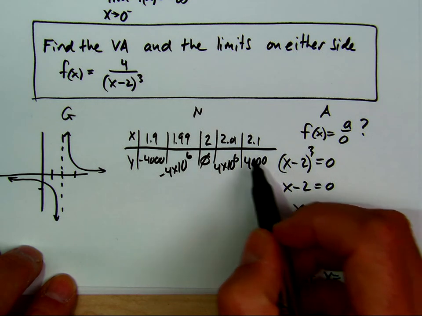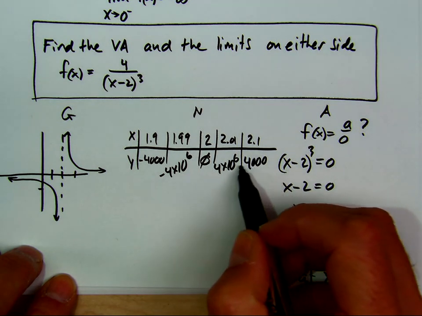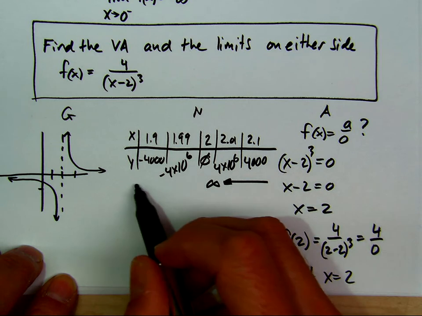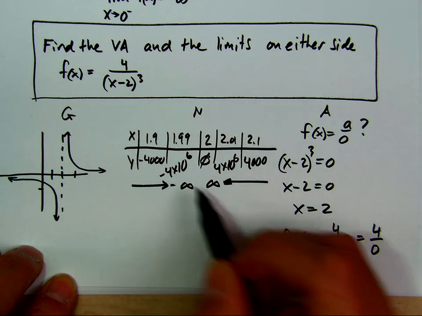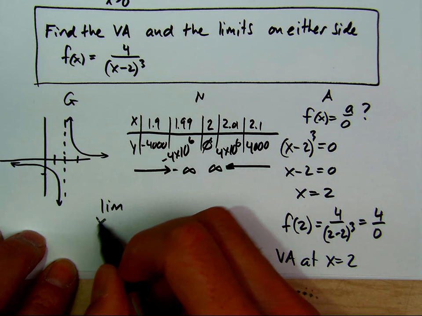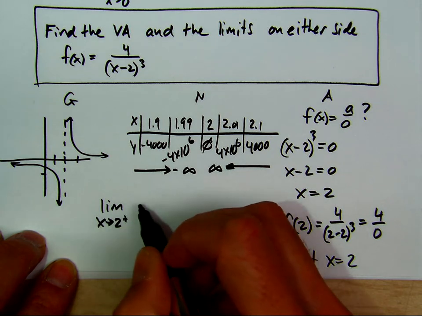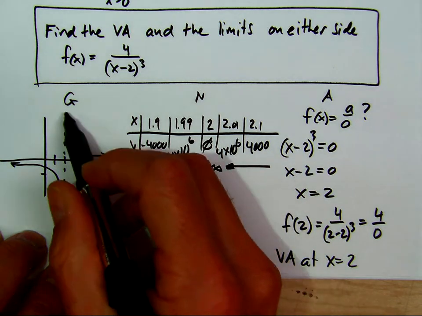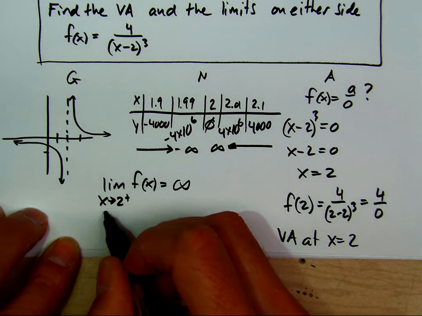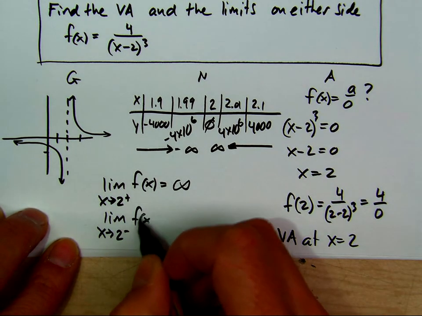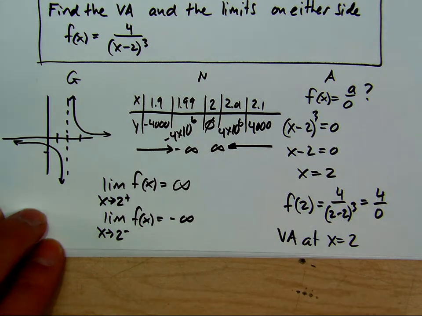And from the right, we see that these y values are increasing, so we'll say that's going to positive infinity. These are going to negative infinity. And the limit as x goes to 2 from the right is positive infinity. The limit as x goes to 2 from the left is negative infinity.